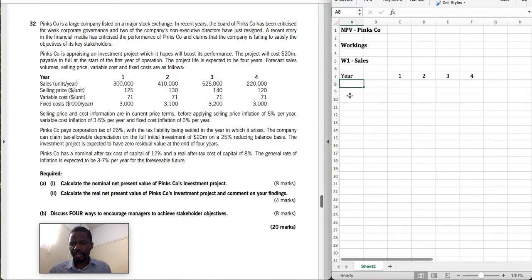Then we will have selling price, we put 125, 130, 140, 120 in year 4.